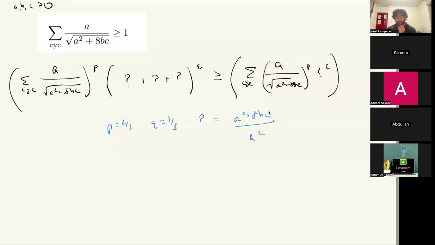But why don't we just let P equal Q equal 1/2, and we have the question mark be the inverse of A over the square root of A squared plus 8BC? Yeah, we can also do that. But then you'll still have square roots here, right? The question mark will still have a square root.